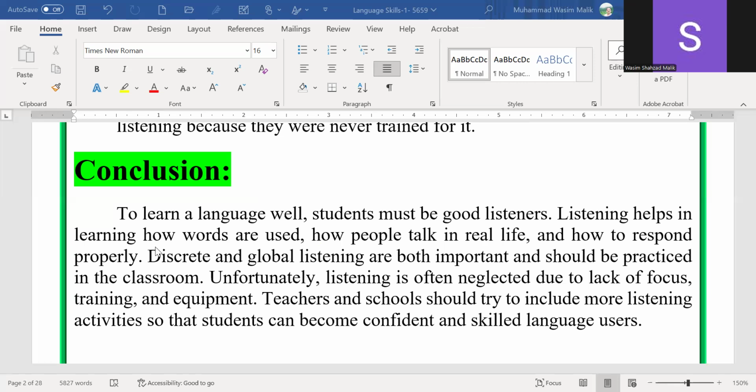Listening helps in learning how words are used, how people talk in real life, and how to respond properly. Discrete and global listening are both important and should be practiced in the classroom. Unfortunately, listening is often neglected and ignored due to lack of focus, training, and equipment. Teachers and schools should try to include more listening activities so that students can become confident and skilled language users.